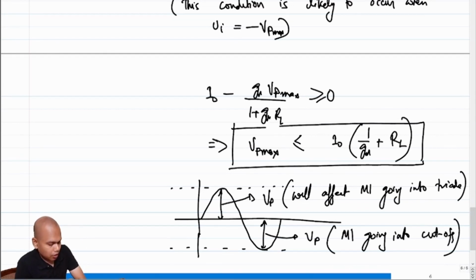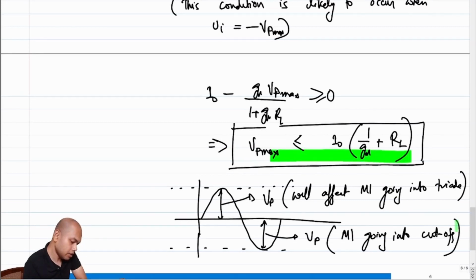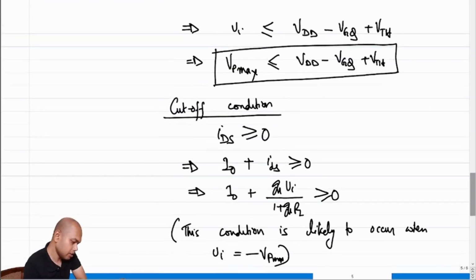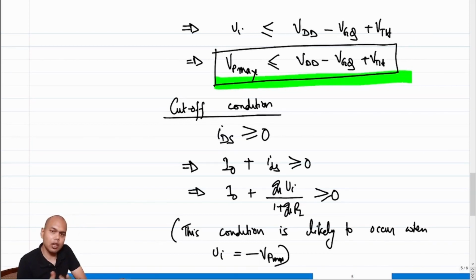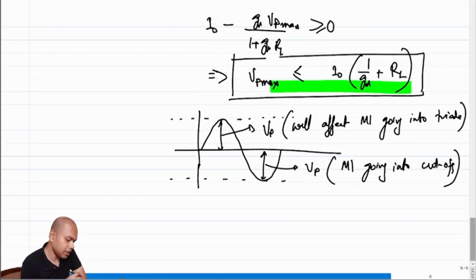Now, if you want to ensure that it neither goes into triode nor into cutoff, then you will have to choose your Vp in such a way that it honors both the conditions, this and this. So whichever is the smaller value will ultimately end up being the maximum amplitude of the sinusoid that you can apply.